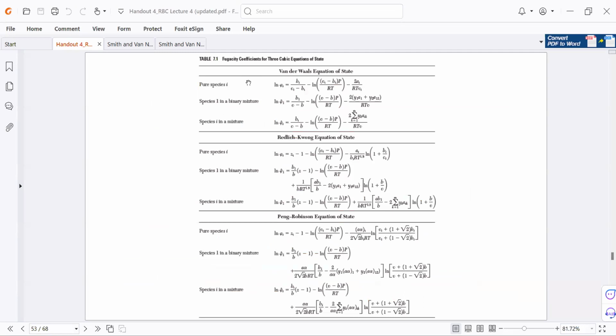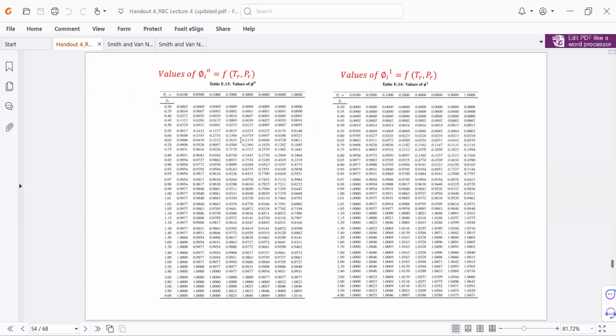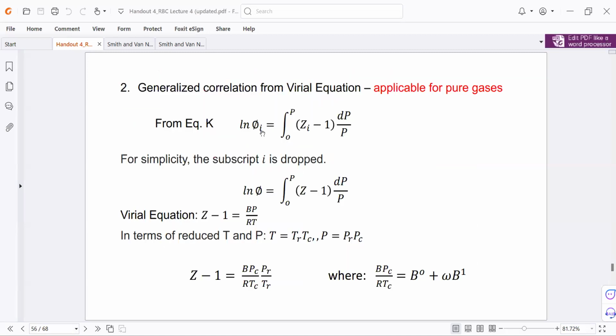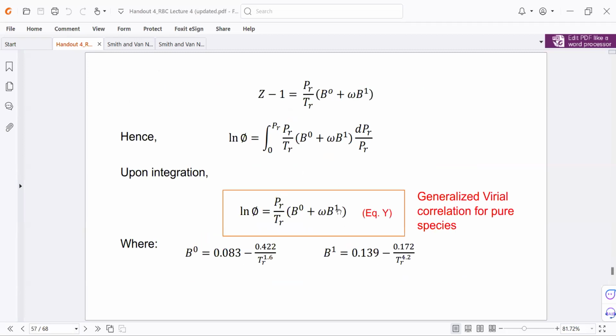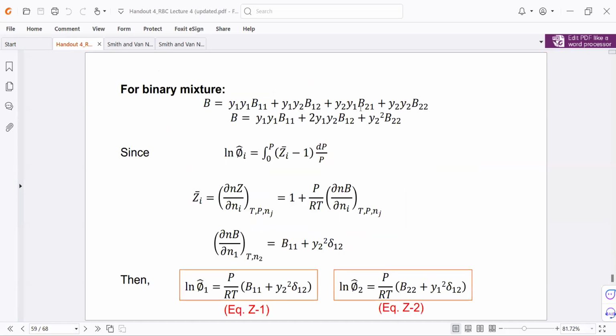We also have equations and expressions using the equation of state. And next we have equations using generalized correlations for pure species, and then also species in a mixture.